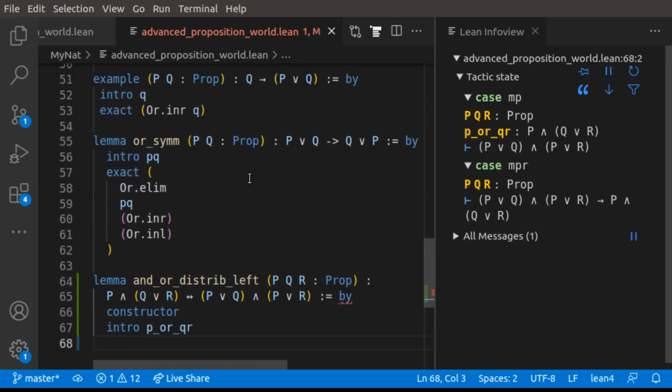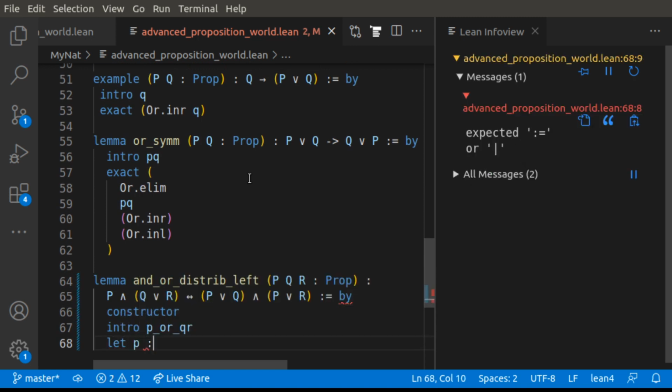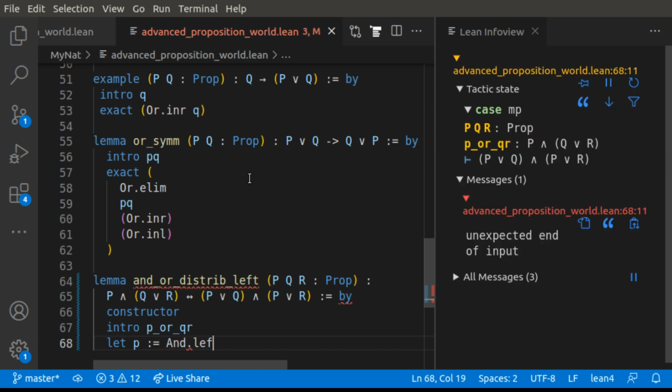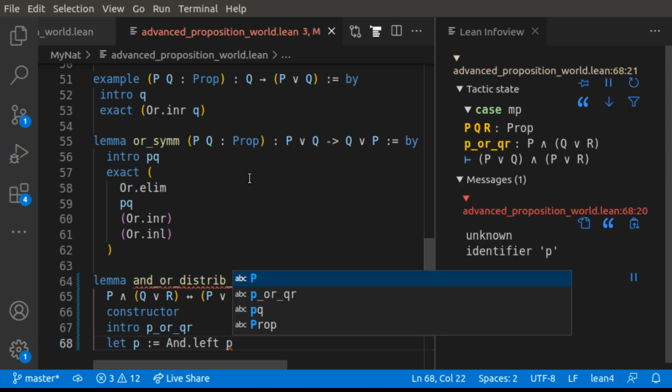So P and, okay, so we do let P equals and dot left.